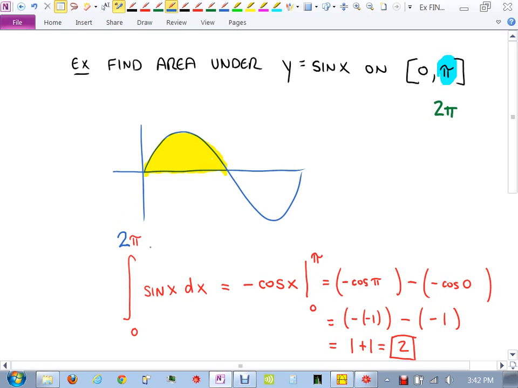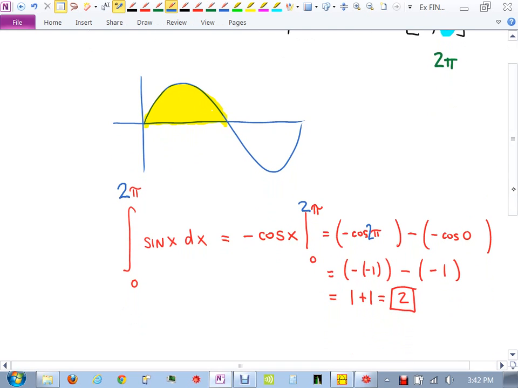Do y'all see where I'm changing this? What's cosine of 2 pi? It'd be 1. So I'd have negative 1, but then plus 1, which would be 0.